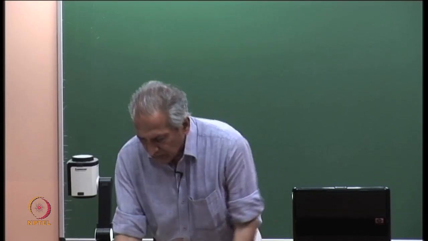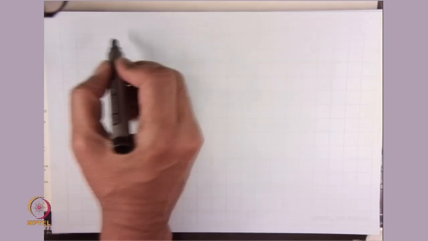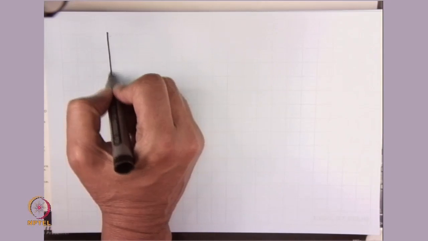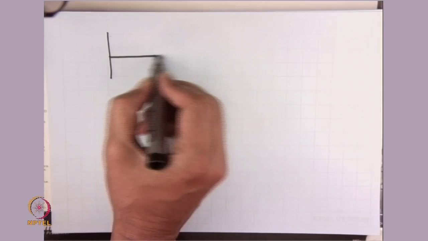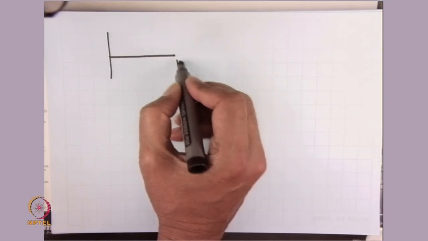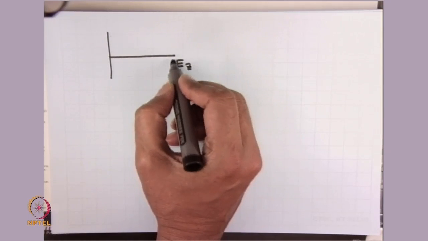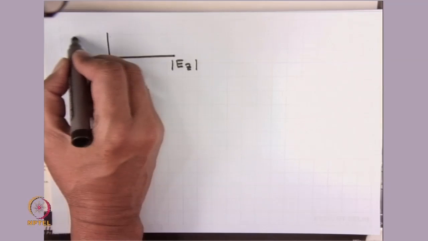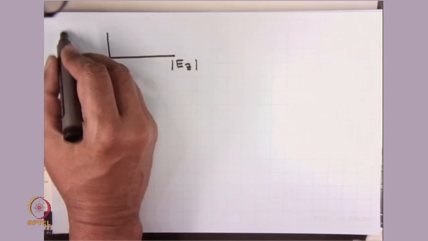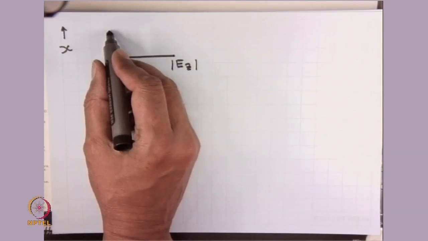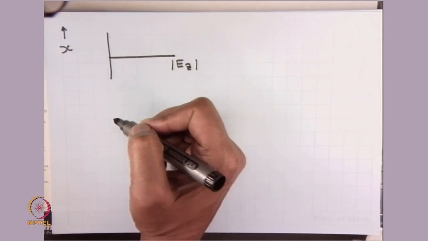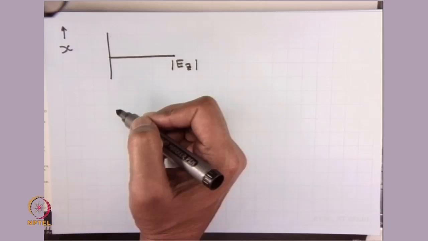Now let me tell you a few interesting things about this wave. First of all, if I plot the electric field of the wave, Ez for instance, modulus of this quantity as a function of x, I am plotting x here. This is above the surface, this is below the surface of the boundary between conductor and free space.